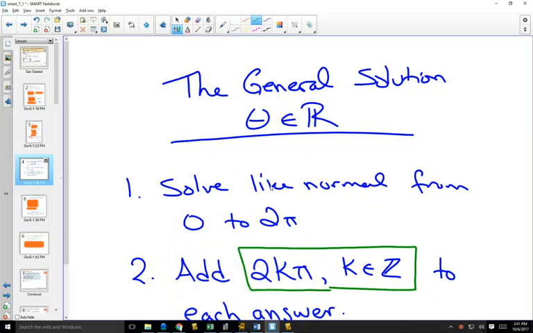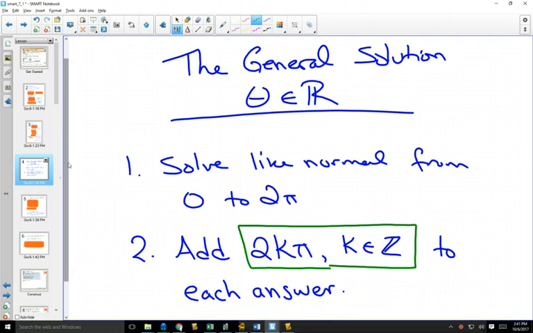At the top of page 574, you can write these notes, which we just talked about in the last example. How do we do a general solution when the domain is everything? Theta belongs to the element of all real numbers. Well, we're going to first solve it like we've normally done, from 0 to 2 pi.